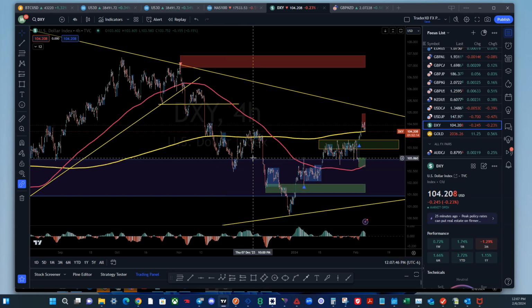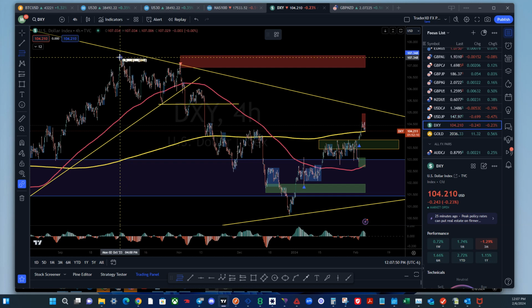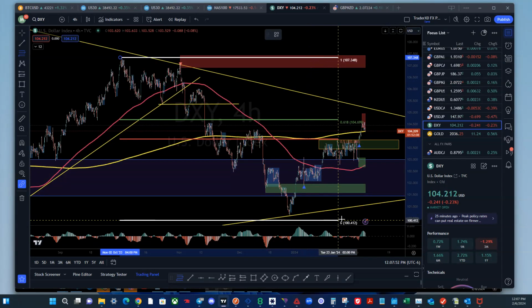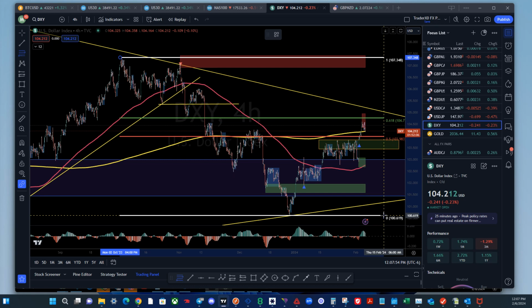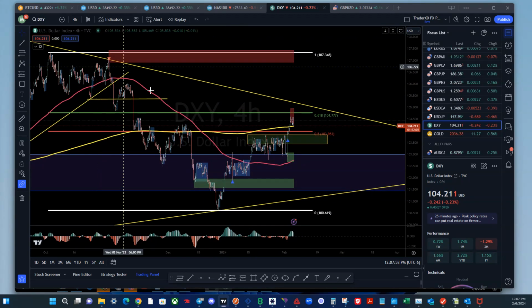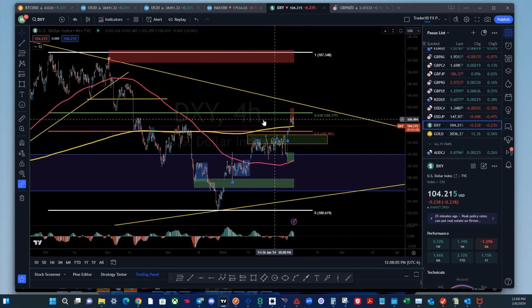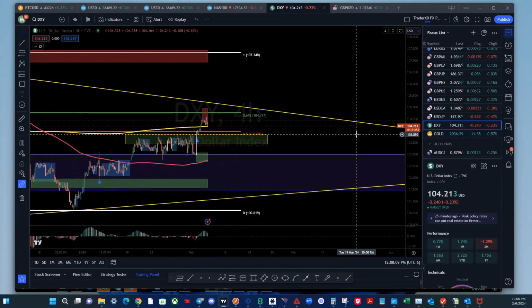So anywho, let's do this. Put the fib from here down to here. Look at what price just did. It went from here to here. It retraced in beautifully in the golden zone. Look over to the left, it hit resistance, and now price is dropping.